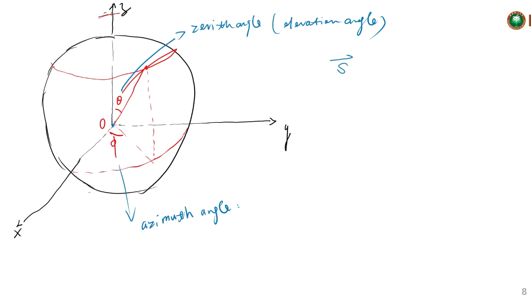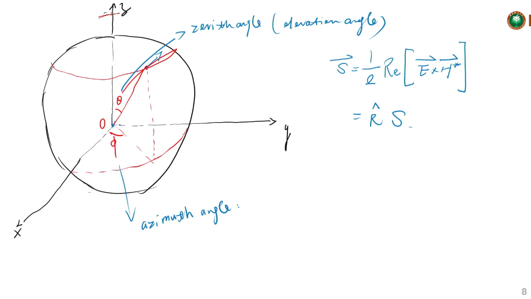The Poynting vector can be expressed as half of the real part of the electric field cross product with the magnetic field. So it follows the radial direction, times its magnitude. Now let's take a short break and we're going to come back after 5 minutes.